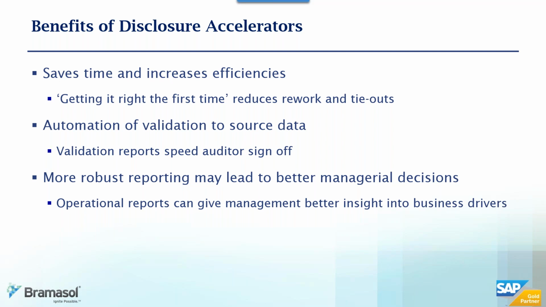Great. And maybe, since we're continuing the discussion, I think you already went through some of the benefits of the accelerators. What you're going to see again is a single source of truth. We're pulling not only lease information from SAP, but as we talked about, the accounting and the fixed assets and such. So again, it's robust reporting. It's a single source of truth. And in the middle there, you talk about the speed of the auditor sign off.